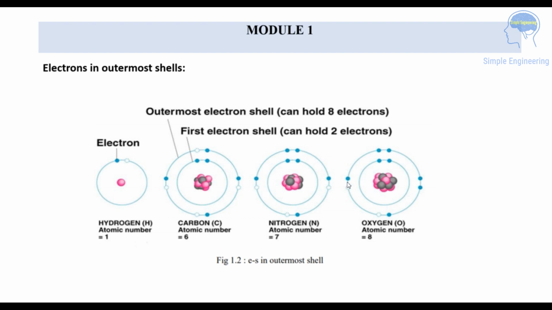In the oxygen structure, you can see the first shell is occupied by 2 electrons, and the second shell has 6 electrons. So 1 electron here and 1 electron here are needed to make the octet full, which will be 8 electrons.